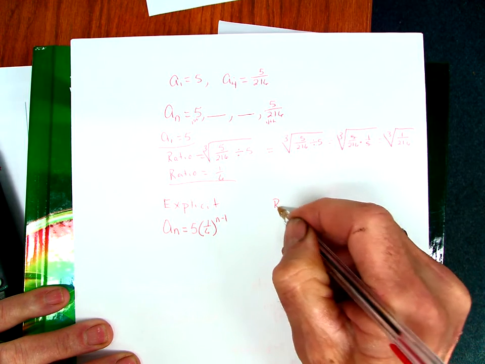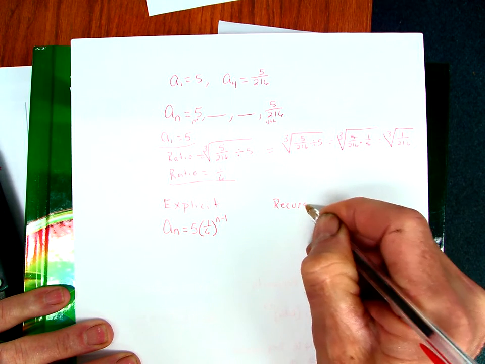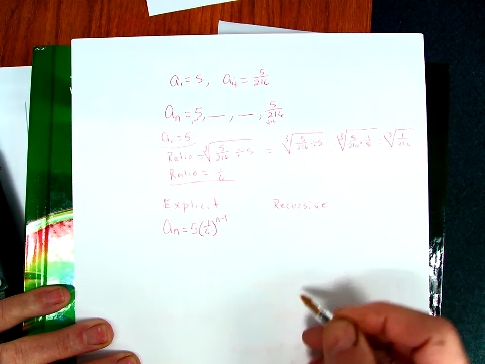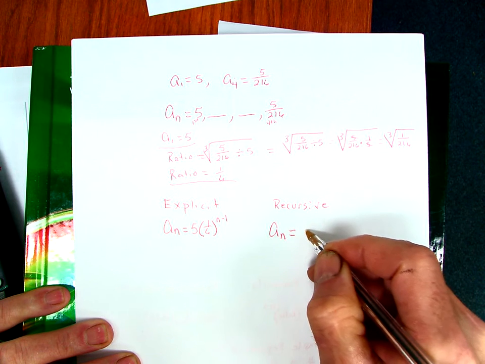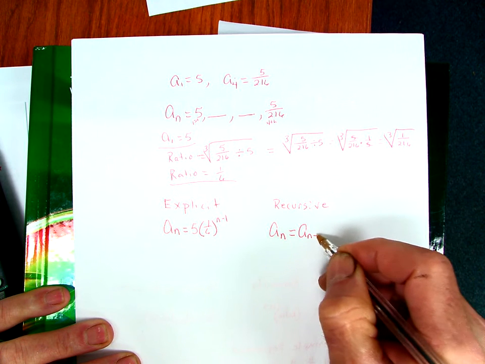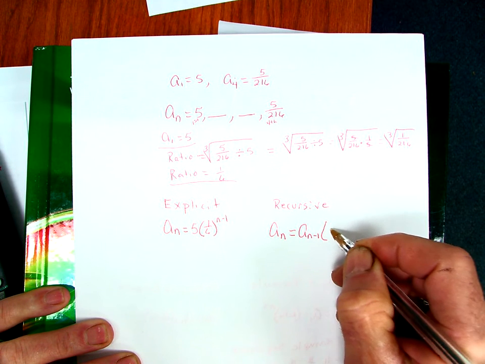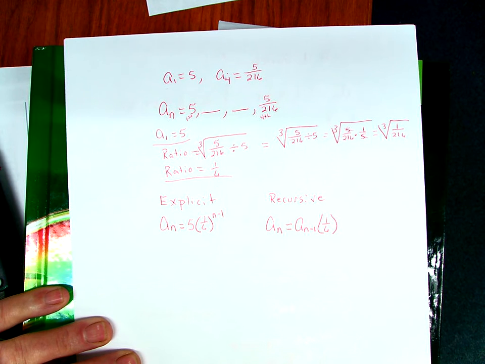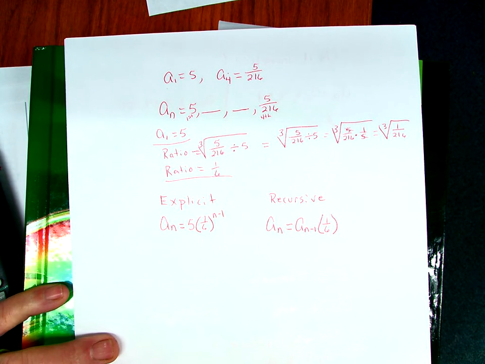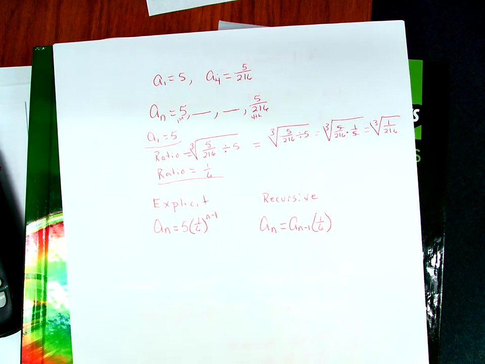My recursive formula, a sub n equals a sub n minus 1 times 1 over 6. And that's done. Absolutely done.